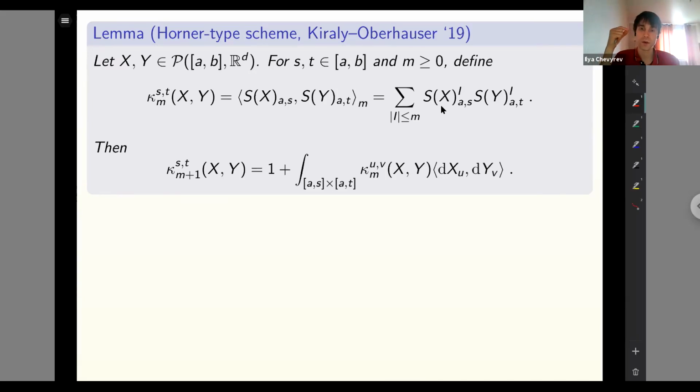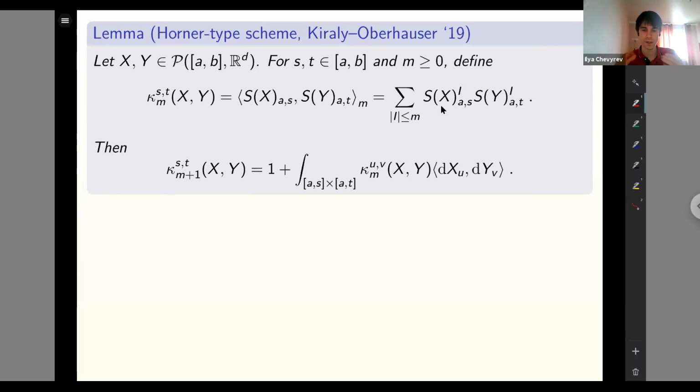This is called a Horner scheme. Horner schemes are better known for polynomials, and essentially they speed up computations. It's a recursive scheme that allows you to compute polynomials without having to compute x to the 7 and then x to the 8 all separately.